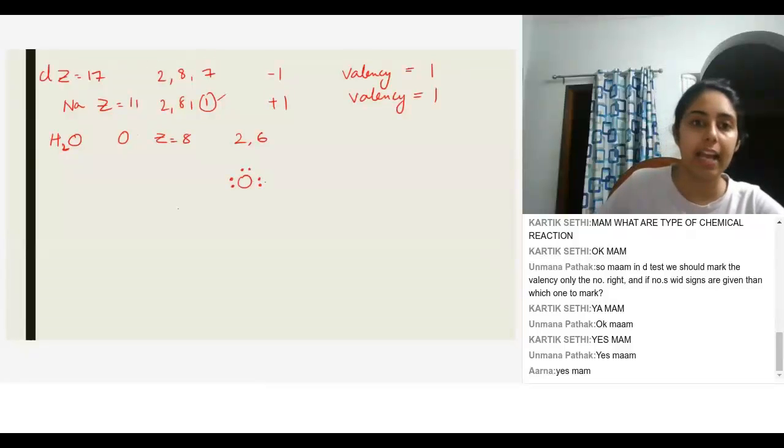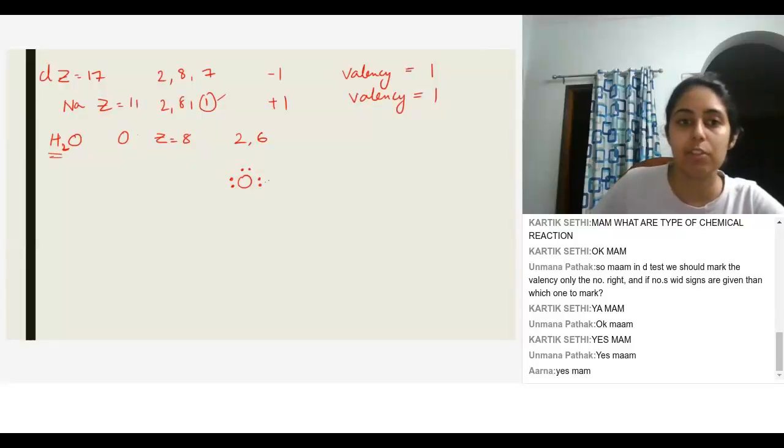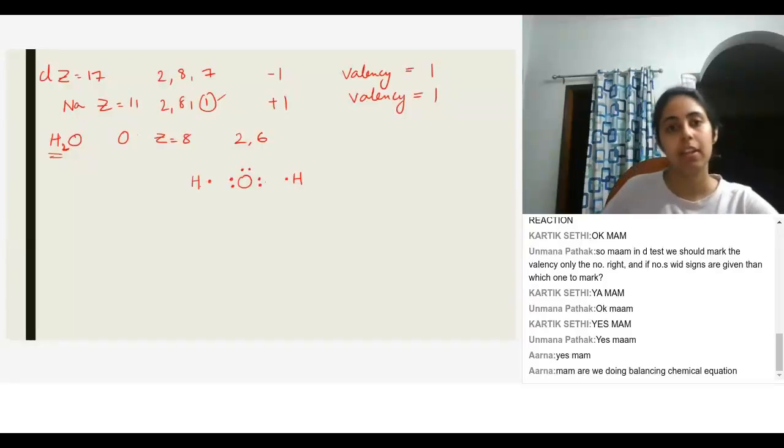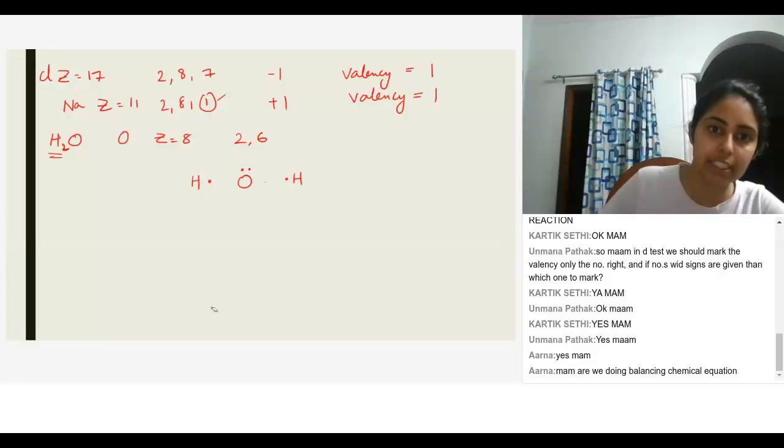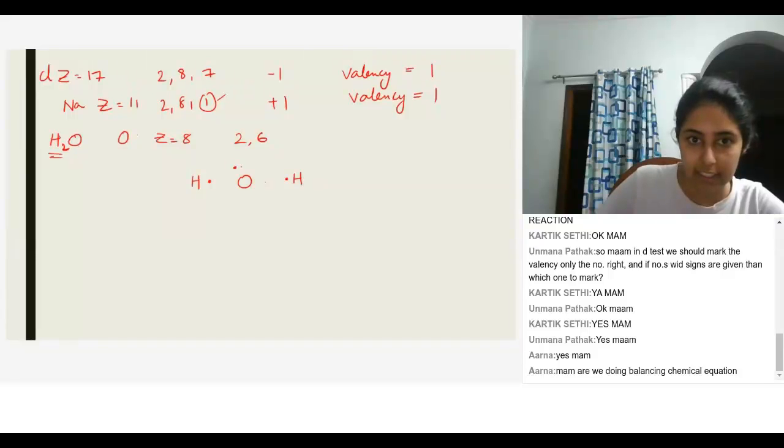And it has 2 hydrogens. So I'm just going to draw a hydrogen here, and a hydrogen here. Instead of drawing the dots like this, on oxygen I will draw it like this.